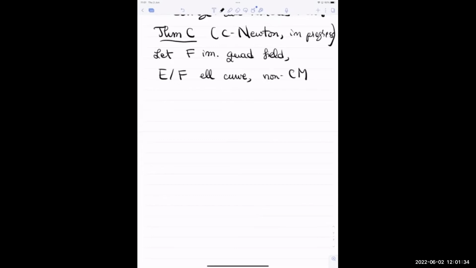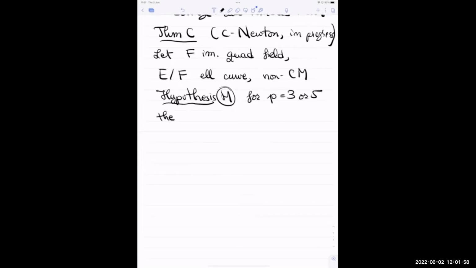Otherwise, its associated Galois representation would be reducible, and so you can understand that case. And we're also going to put a hypothesis, which is a large image hypothesis. So for p equals 3 or 5, either one of them works.